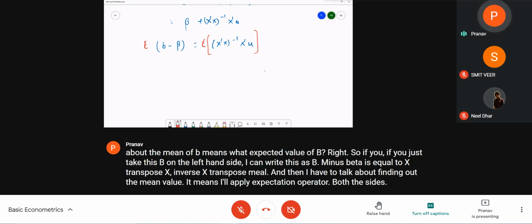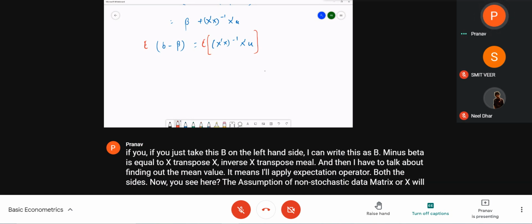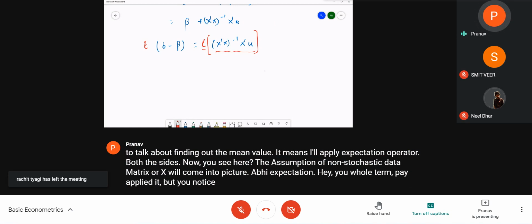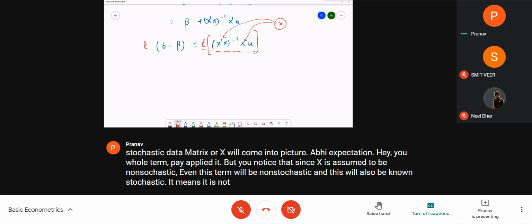Now you see here, the assumption of non-stochastic data matrix X will come into picture. Now this expectation is applied on the whole term. But you notice that since X is assumed to be non-stochastic, even this term will be non-stochastic and this will also be non-stochastic. It means it is not random.